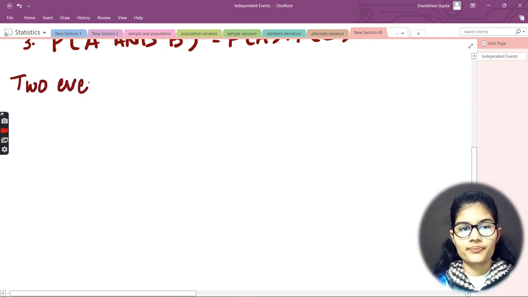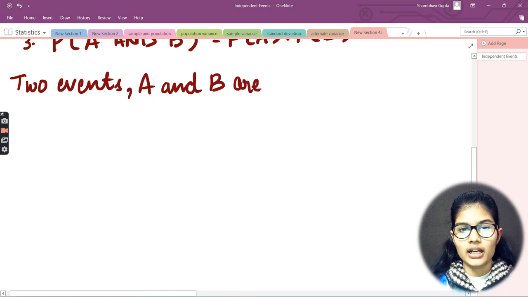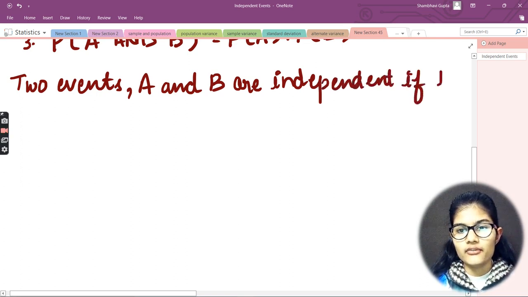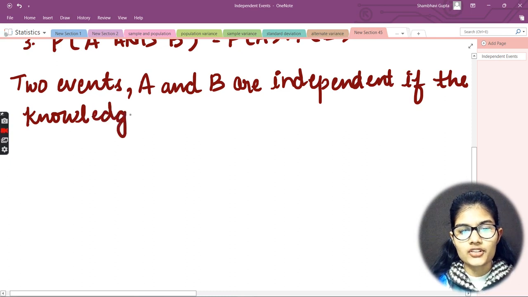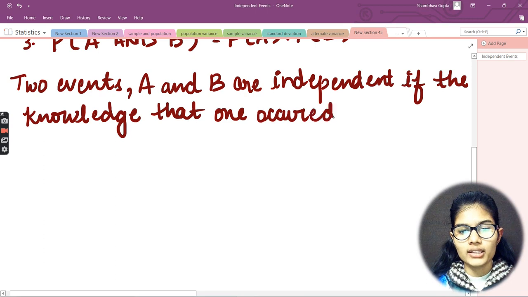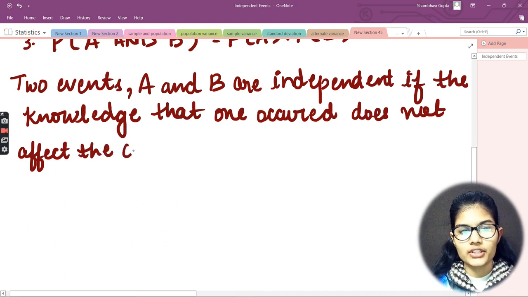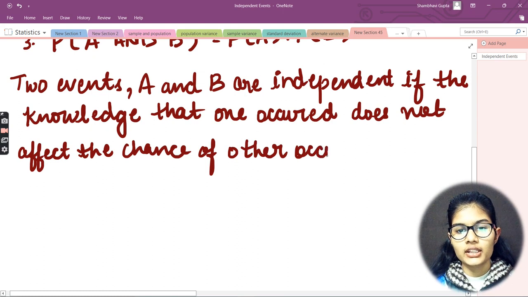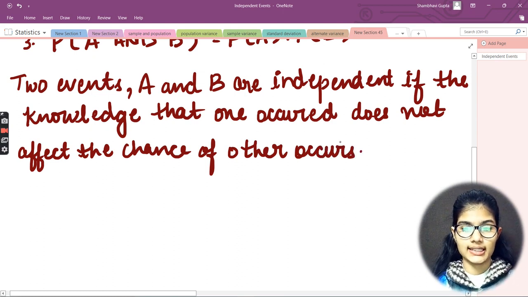The two events A and B are independent if the knowledge that one occurred does not affect the chance of the other occurring.